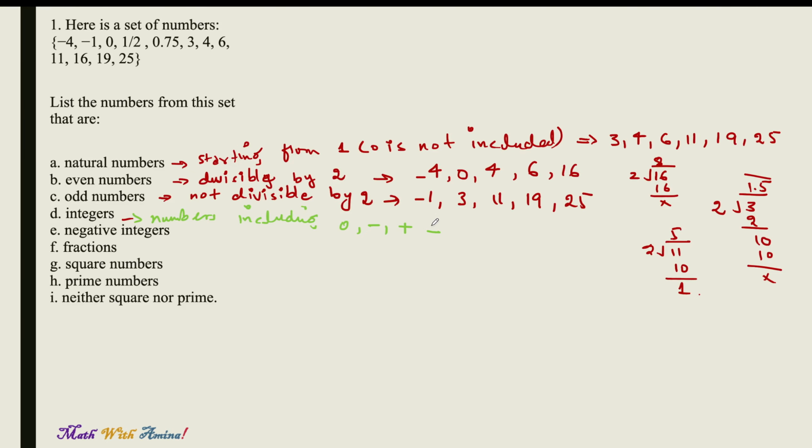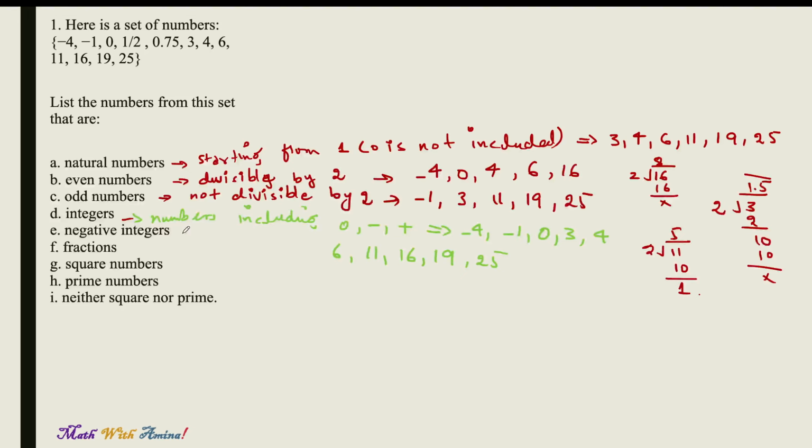So from the set, the numbers that can be considered as integers are -4, -1, 0, 3, 4, 6, 11, 16, 19, and 25.